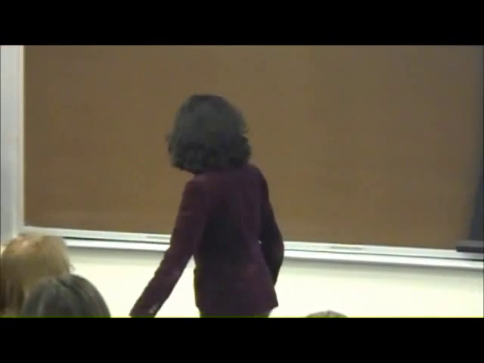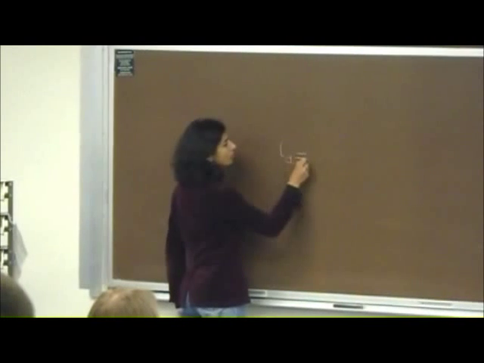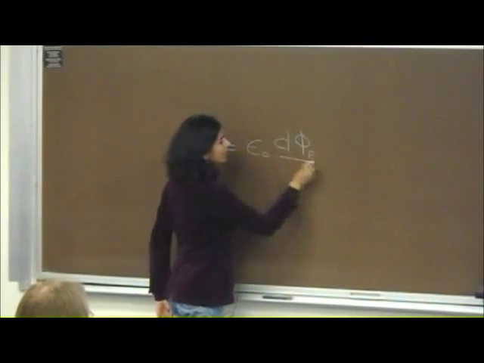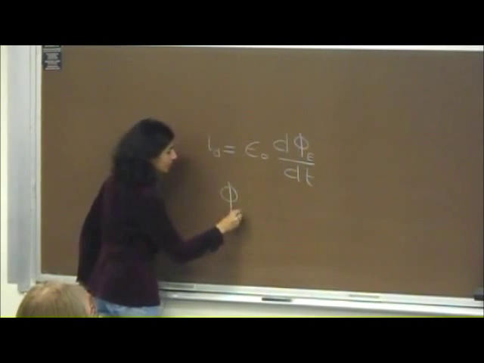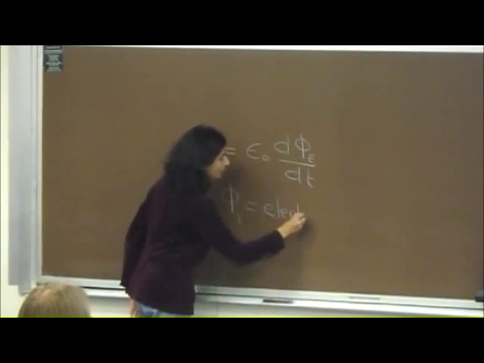Last time we showed that the displacement current, I sub d, was equal to epsilon 0 d phi sub E divided by dt, where phi sub E is the electric flux that is changing with time.